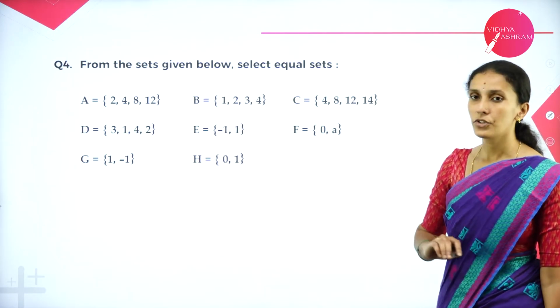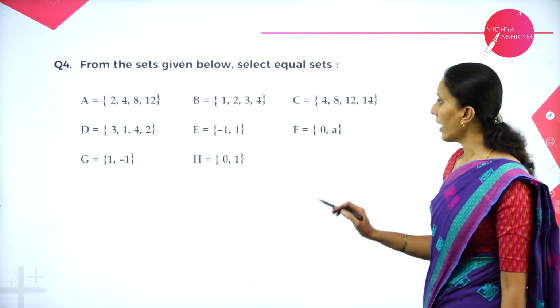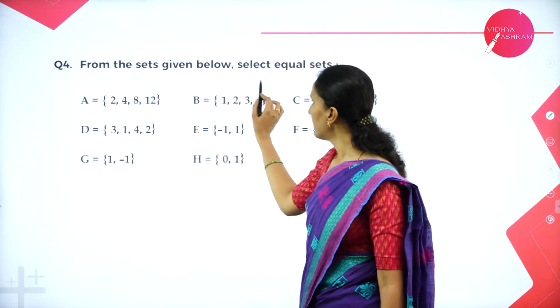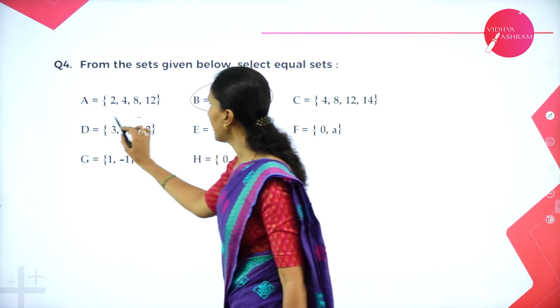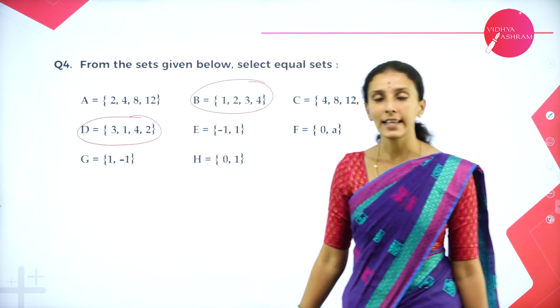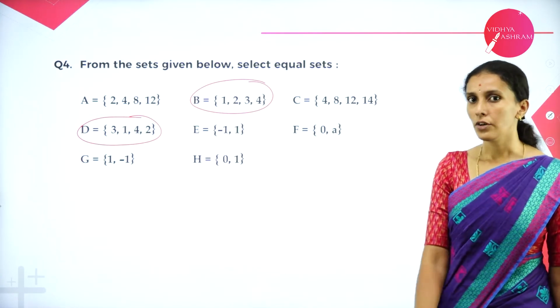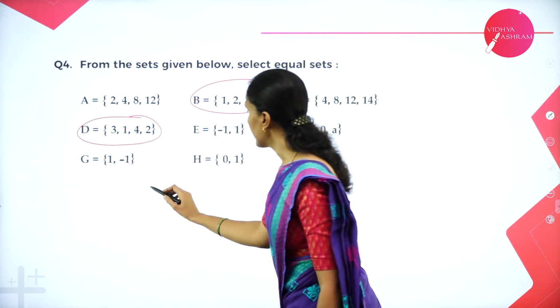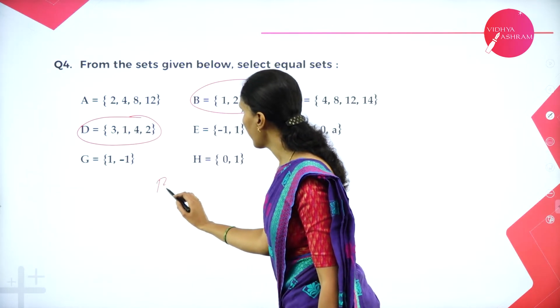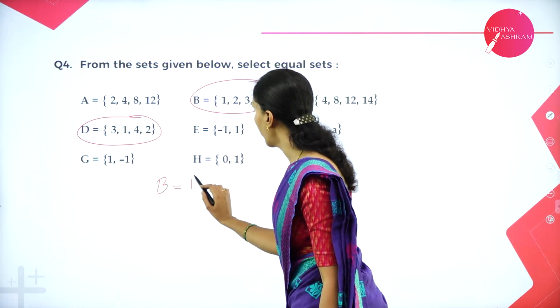So we are going to select the equal sets. You can clearly see that set B and set D contain the same elements, that is 1, 2, 3, 4 and 3, 1, 4, 2. Leave the order, it doesn't matter here. Therefore, we can write B = D.